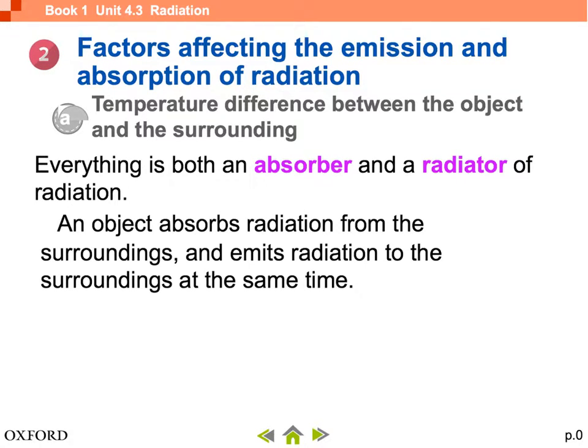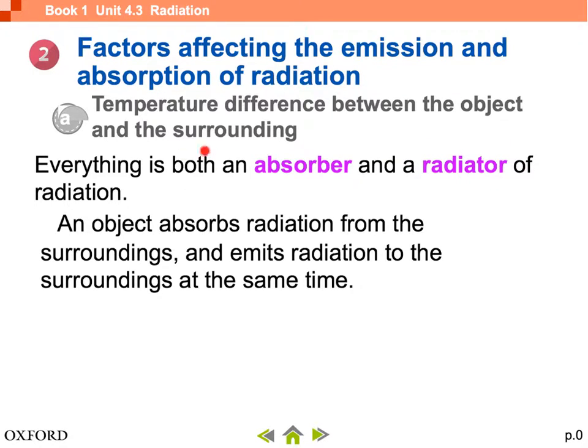From the previous slides, we have learned that every object, no matter whether it is cold or hot, will radiate infrared radiations. But in this slide, I want to let you know that every object will emit radiation. We call it a radiator.